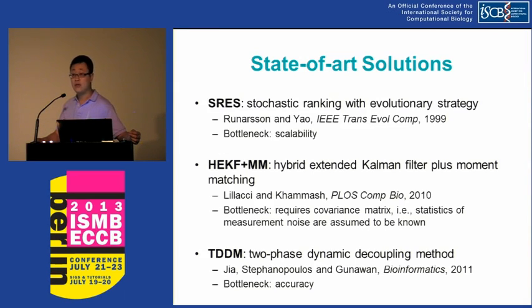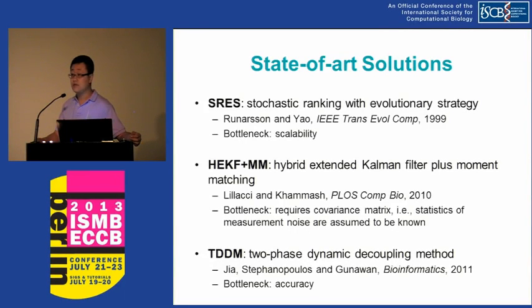As you know, the Kalman filter does not require any simulation of the ODE system. So the algorithm is very fast, but it requires prior knowledge regarding the covariance matrix of the noise, which is usually unknown or difficult to guess. And the third algorithm is called TDDM, which stands for the two-phase dynamic decoupling method.